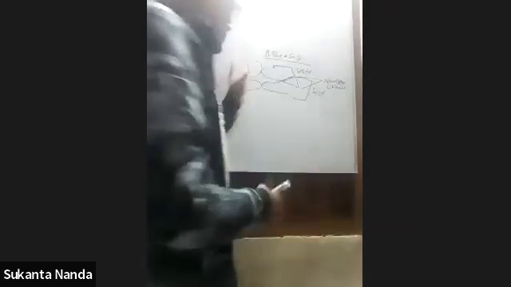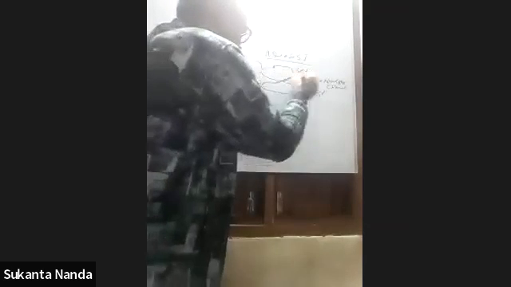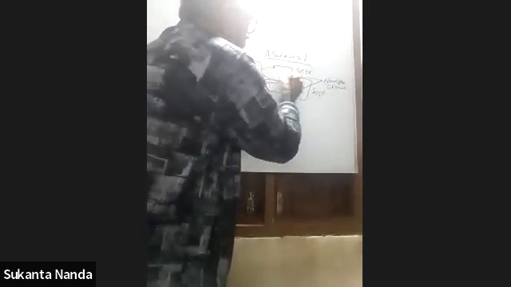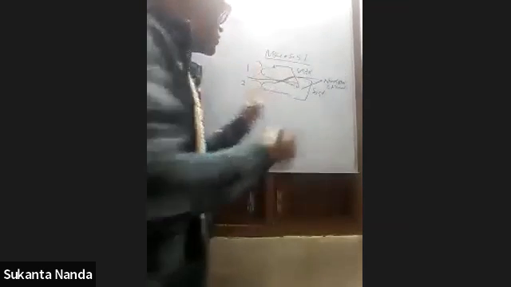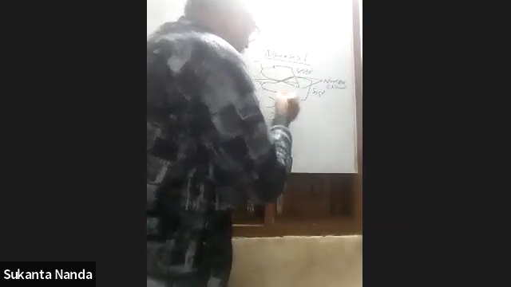So the objective of meiosis 1 is to divide the bivalent chromosomes into two. One will be like this, and another one will be like this.